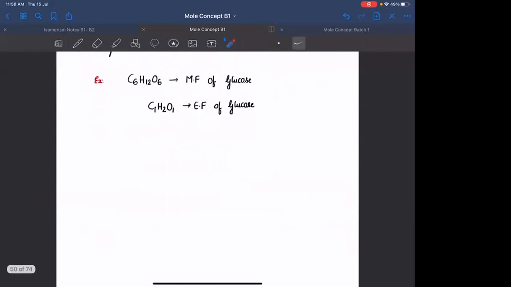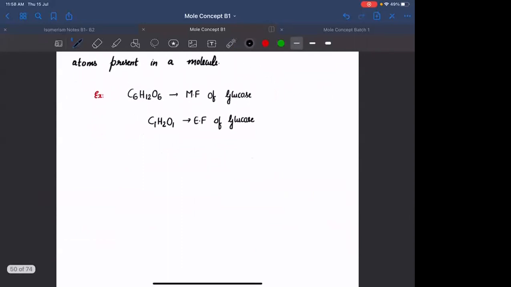We can also define something called empirical formula mass. What will this be? Whatever the empirical formula is, the mass of that particular formula unit is nothing but the empirical formula mass.